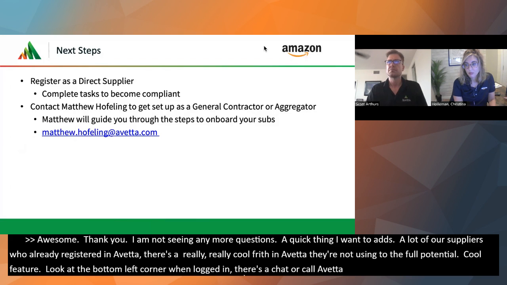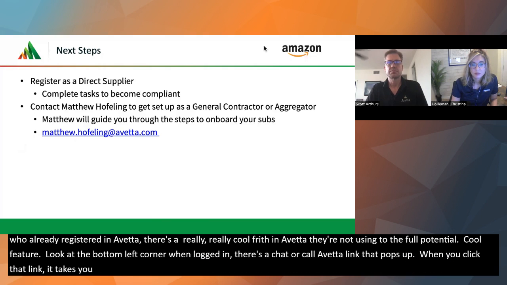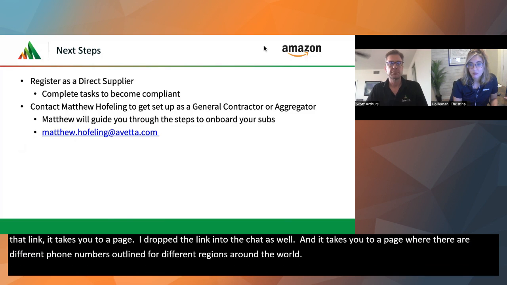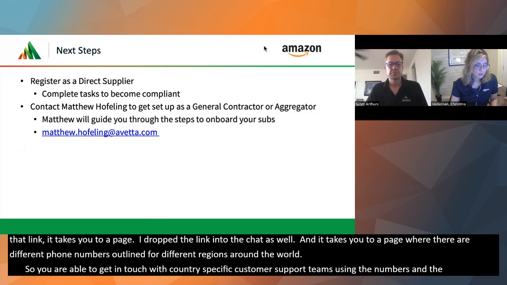When you click that link, it takes you to a page, and I dropped that link in the chat as well. It takes you to a page where there are different phone numbers outlined for different regions around the world. So you're able to get in touch with country-specific customer support teams using those numbers and information provided. Hope that helps.